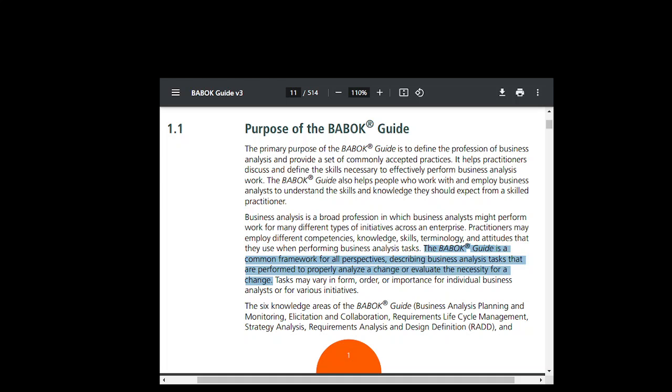For example, when you are asked to do something and they want to bring in a change, right? They already know they want a change. That is you performing that change, helping them to initiate the change. At the same time, there are some companies that don't actually know if they need a change or not, or if they need a new system, if they need to get rid of the old system.